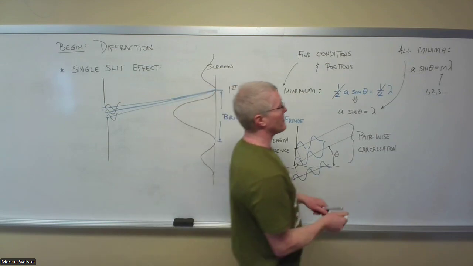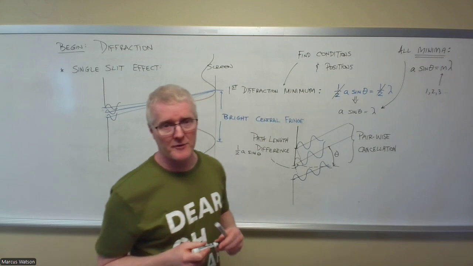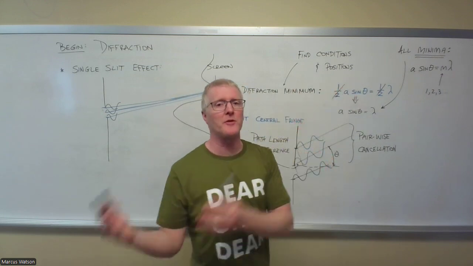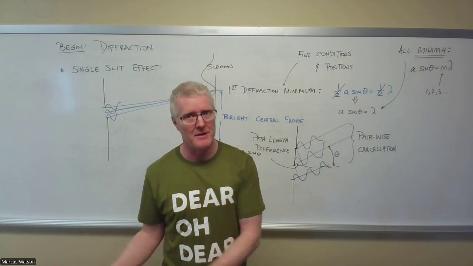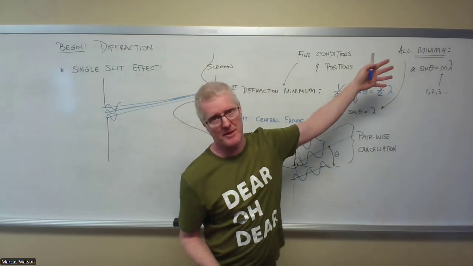Okay? And remember, this is for minima. In the double slit interference, we had an expression like that with a d that was for the bright fringes, for the maximum. So just remember that when we get to diffraction, it changes a little bit, okay?